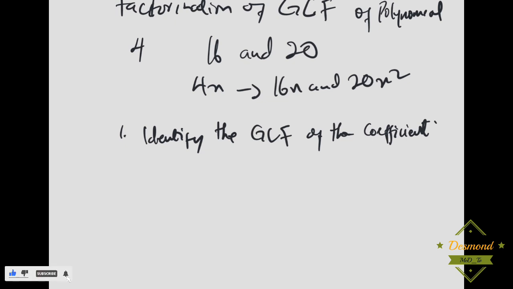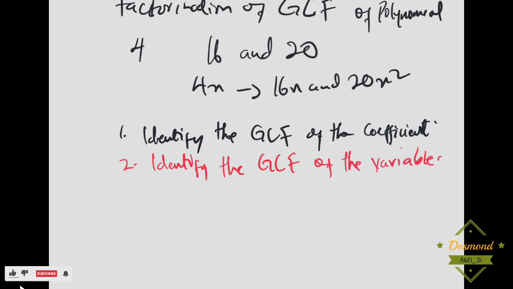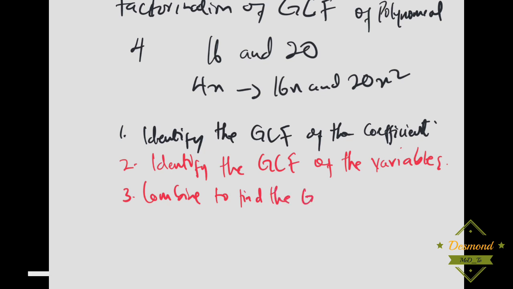The second thing is to identify the GCF of the variables. Now when we are done identifying both, the next thing that we need to do is to combine them to find the GCF of the whole expression. That's what we do next.